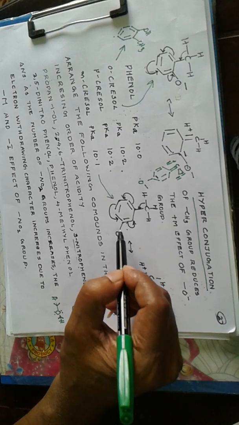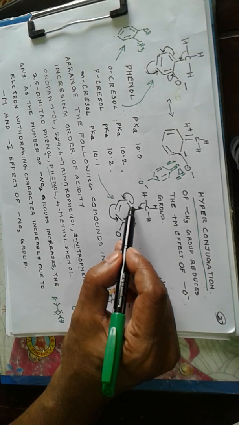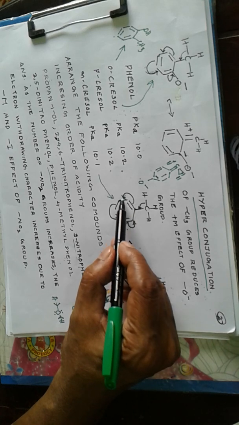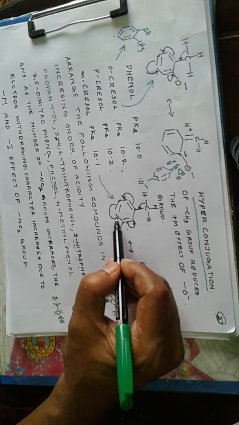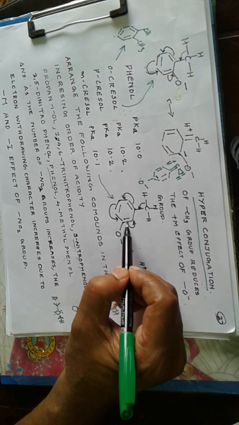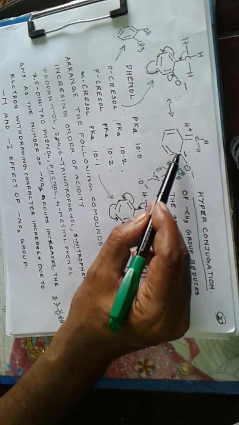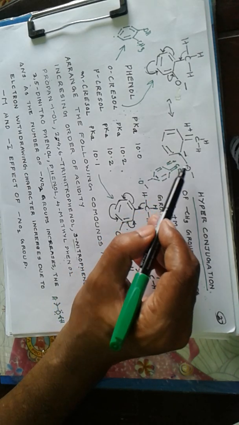the anion from metacresol, the CH bond will be shifting like this, this bond will be shifting like this, this bond will be shifting like this, and this bond cannot shift in this direction, but this bond can shift in this direction, giving a negative charge here. And here the negative charges are farther apart than in the anion of orthocresol and paracresol.